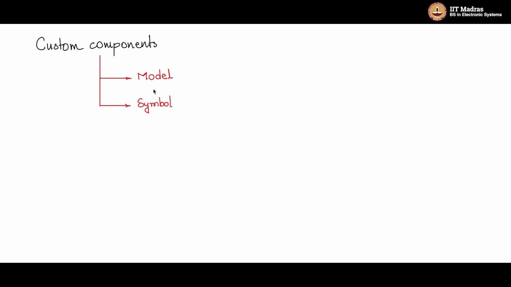The model has to be developed as a library file to be accessible in the Spice environment. And the symbol has to be linked with the model so that it can inform ngSpice to go and look into this model library and extract the model of that particular component and use it in simulation. So there has to be a linking of these two happening.